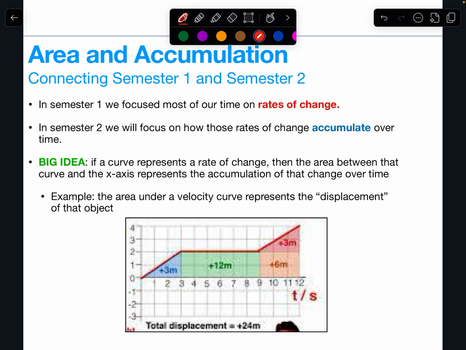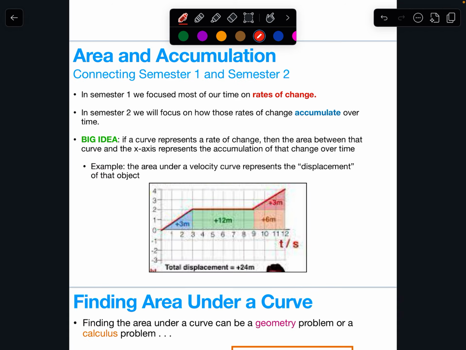The example we had was the area under a velocity curve, and that gave us the distance traveled or the displacement. Right? There are other examples too. If we've got a curve that describes the rate of change in a population, the area under that curve will give us the total population then, the accumulation of all of that change over time.